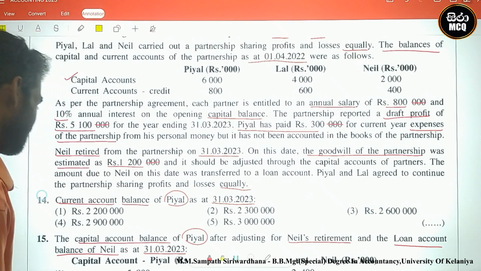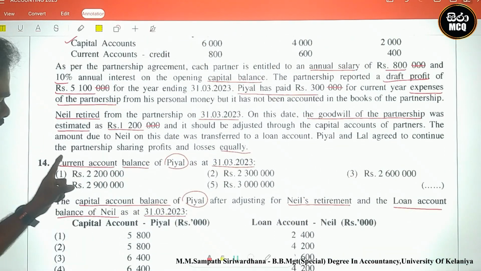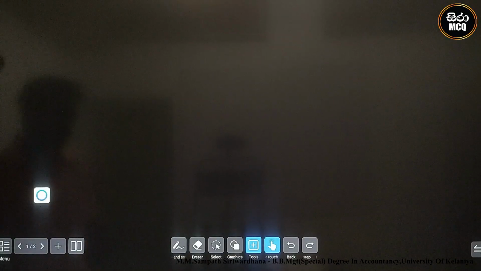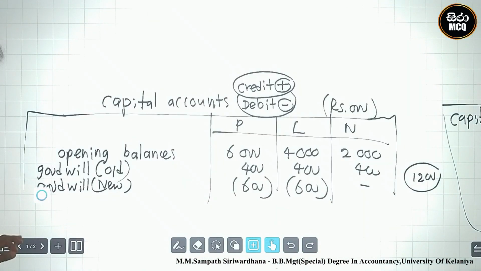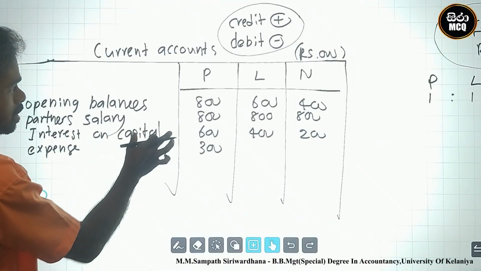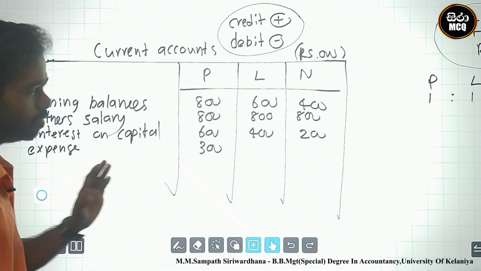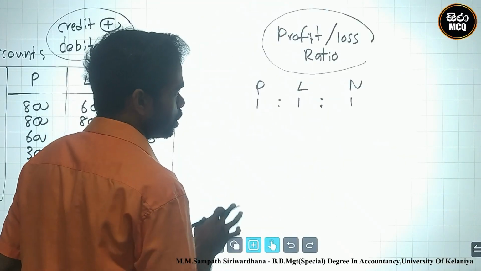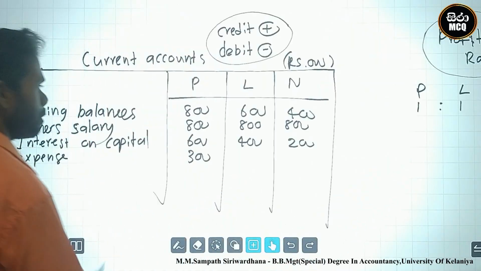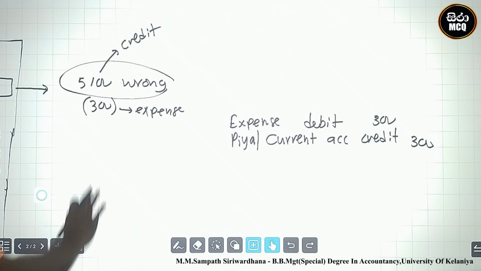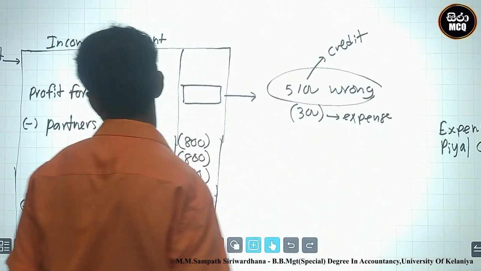Okay, let's see. First requirement, current account balance of PL. At that time, for current account balance of PL, we already calculated some adjustments, but we do not enter the profit shares. Look here, profit shares, we are already calculating.